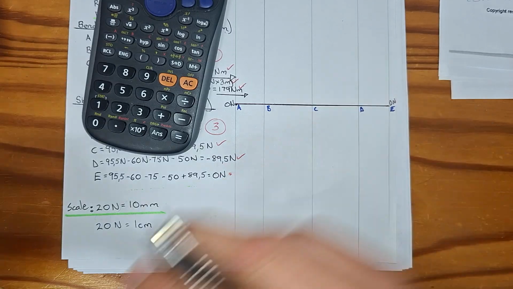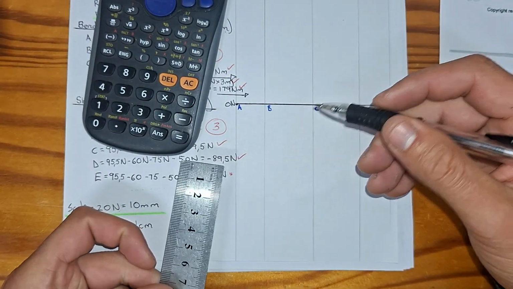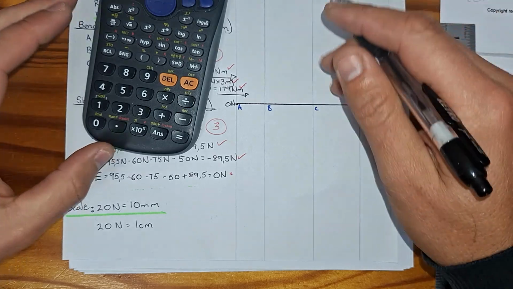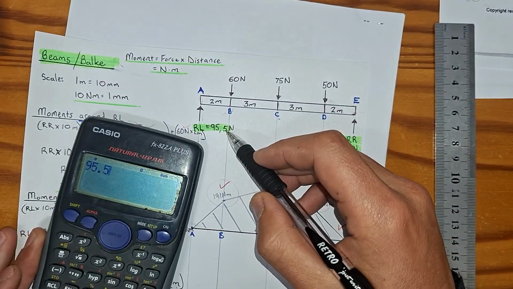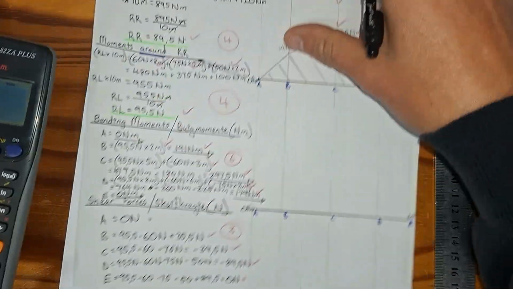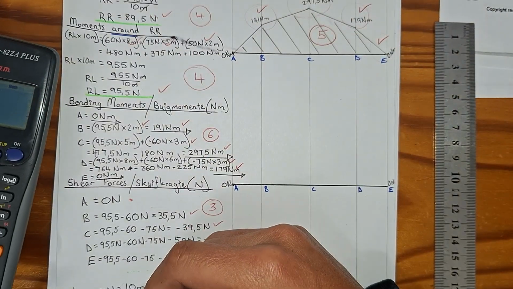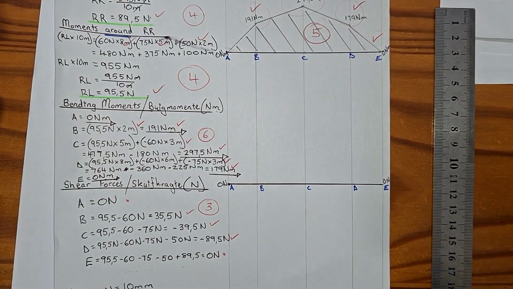I'm just going to do it this way so that it's easier to read it all from the centimeter ruler. So we have the 95.5 newtons that it goes up, divided by our scale of 20.